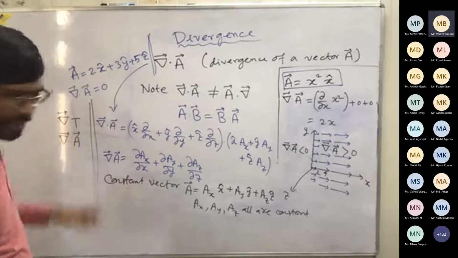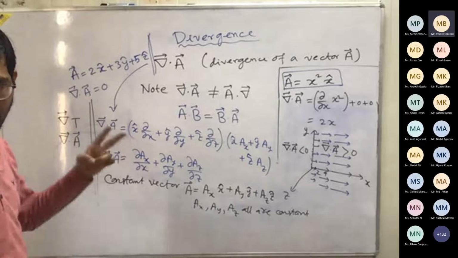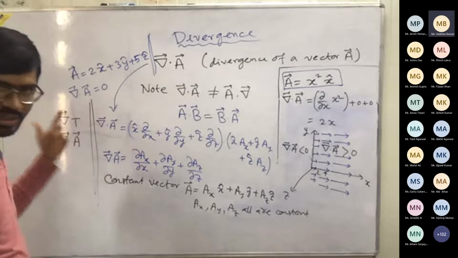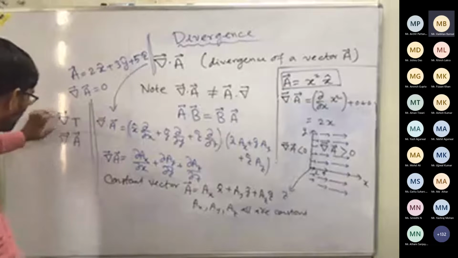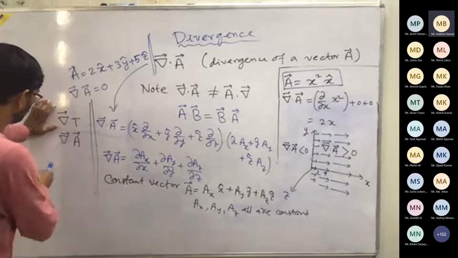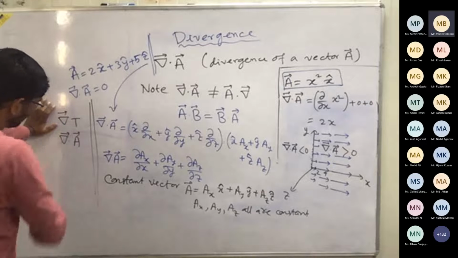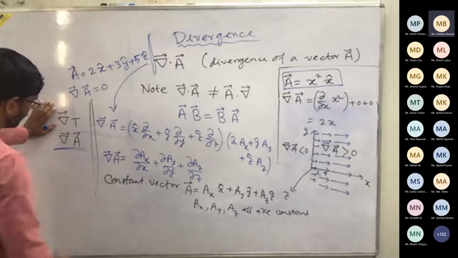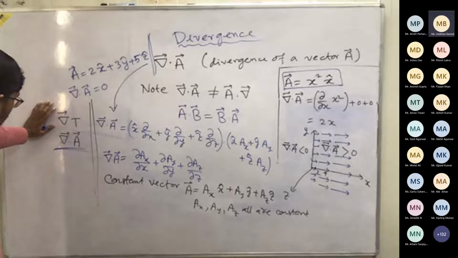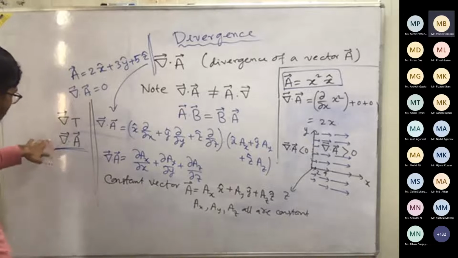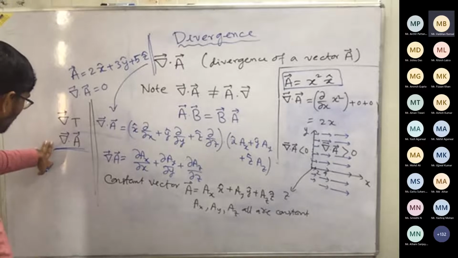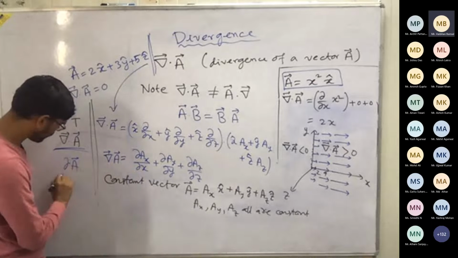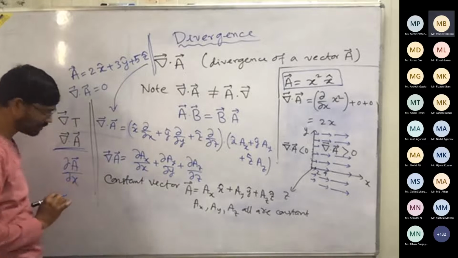And the maximum change will happen in the direction in which T increases maximally, and this is a vector quantity. Here you have a vector, and obviously you can take a derivative del A by del x, which is also a valid quantity.